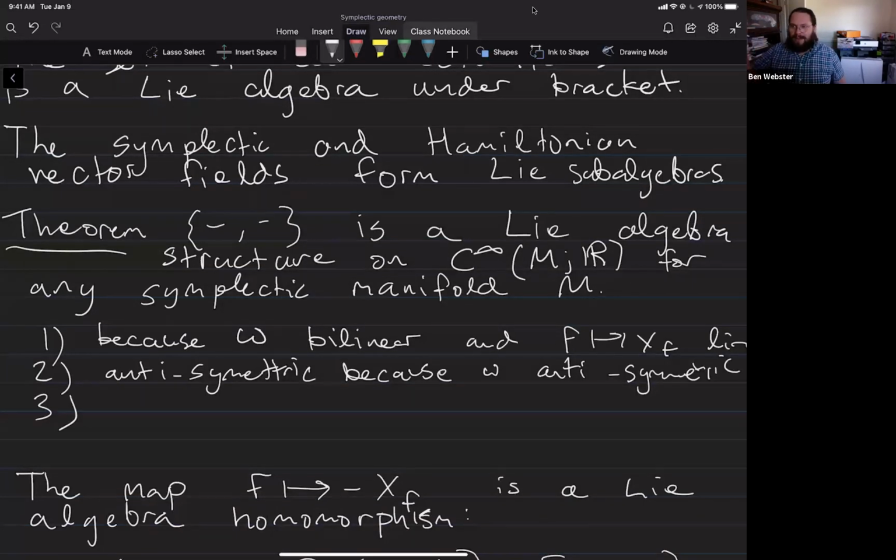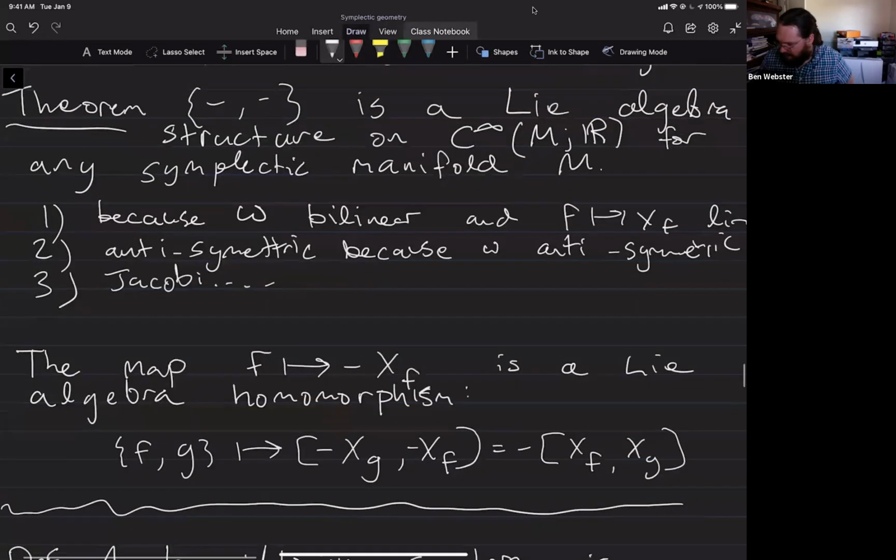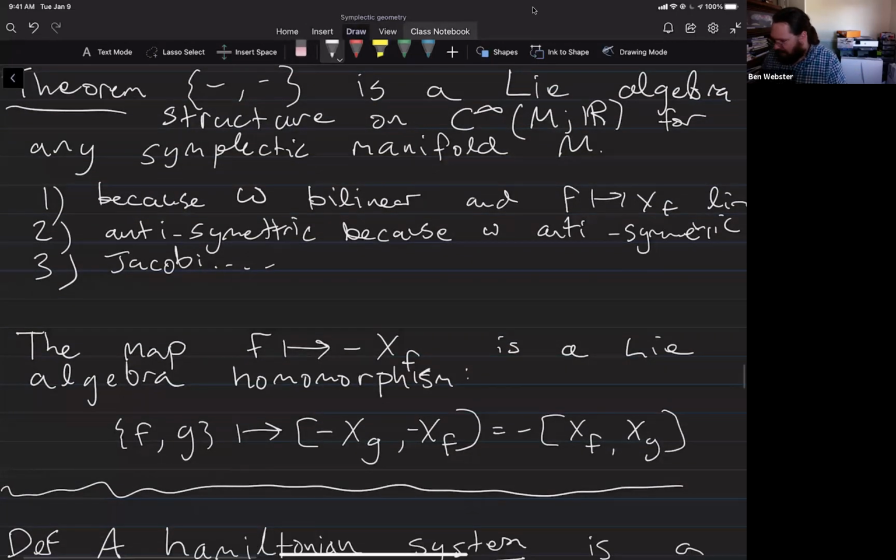And then there's one last thing I have to check, which is the Jacobi identity. And that's a little bit trickier, but it's not too bad at the end of the day. And I believe that's covered in one of the exercises in Cannas da Silva.